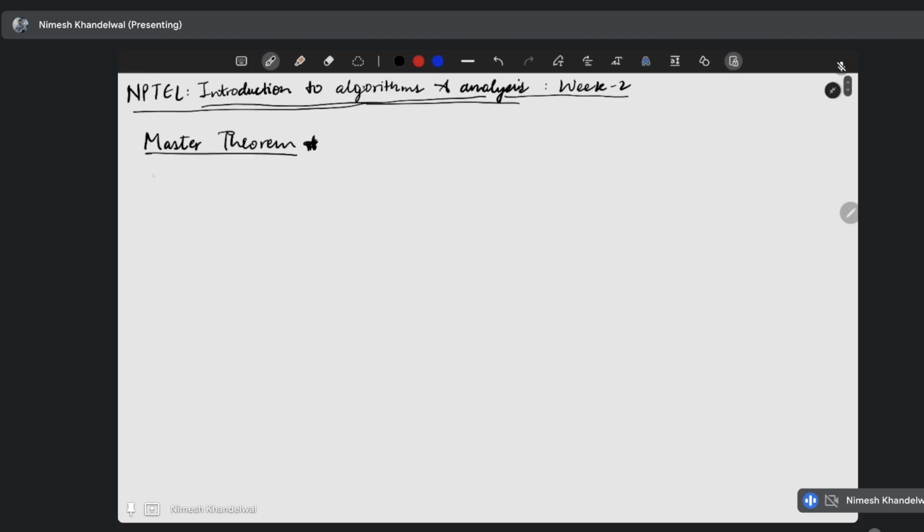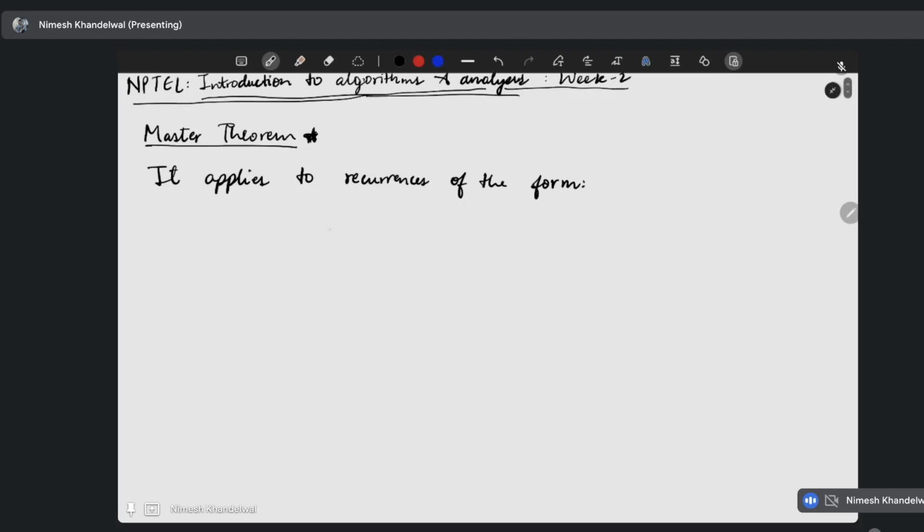So the master theorem applies to recurrences of the form a times T of n by b plus f of n.